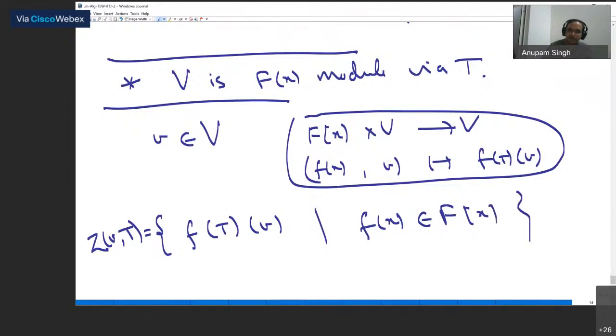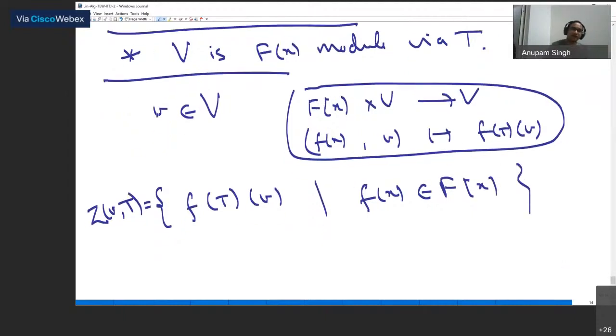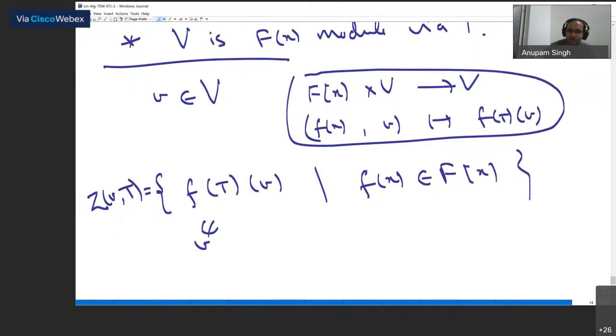If you take the zero vector, you will get only zero. If you take a non-zero vector v, certainly I have vector v in this set, because of course I have the constant polynomials, and then I have other polynomials, and I apply them one by one. I take f(T) of v, and then I evaluate on all possible f.